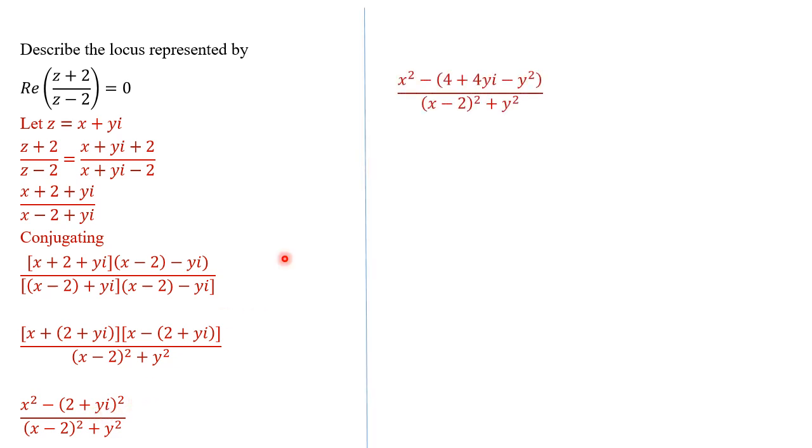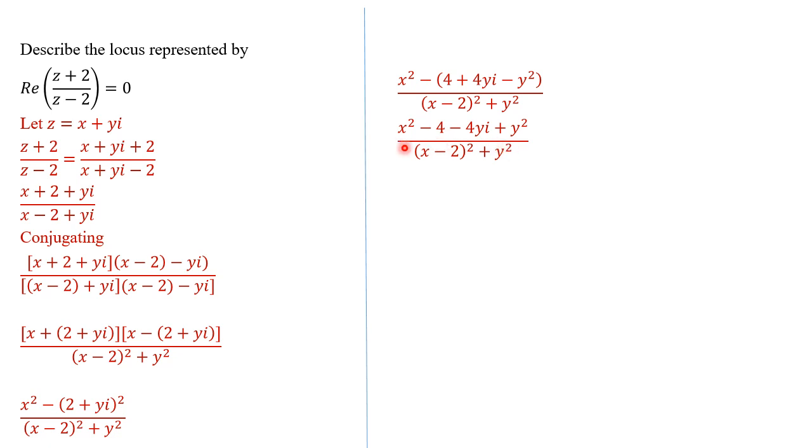By simplifying, we are going to have x squared minus (4 plus 4yi minus y squared), all over (x minus 2) squared plus y squared. So now we can multiply with this negative inside of this bracket. So we are going to have x squared minus 4 minus 4yi plus y squared, all over (x minus 2) squared plus y squared.